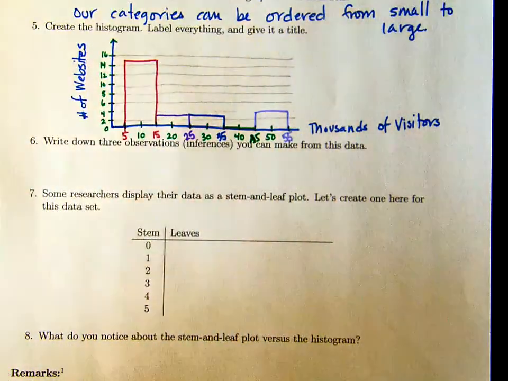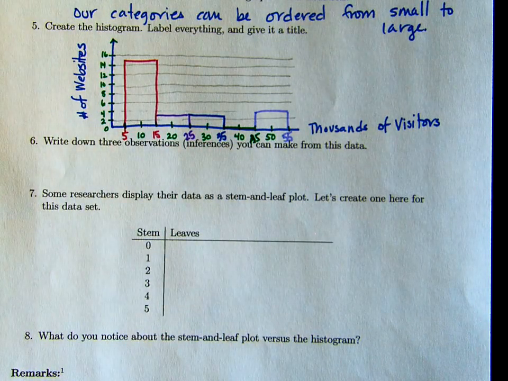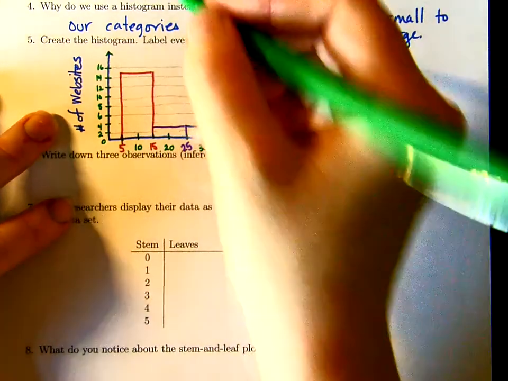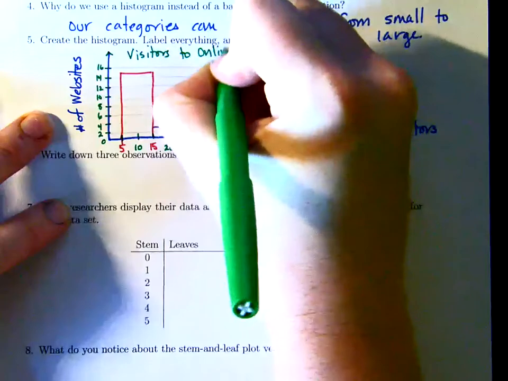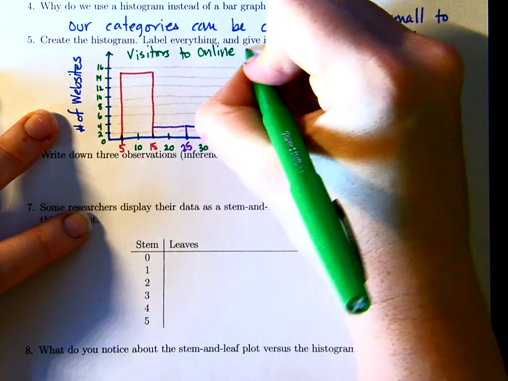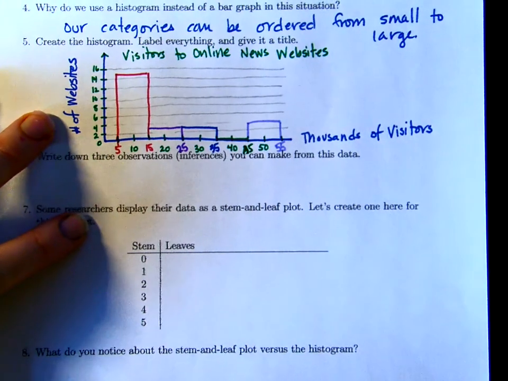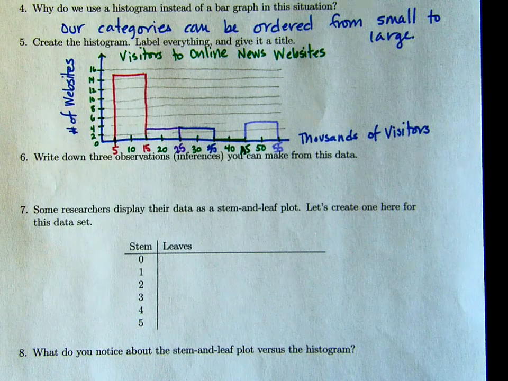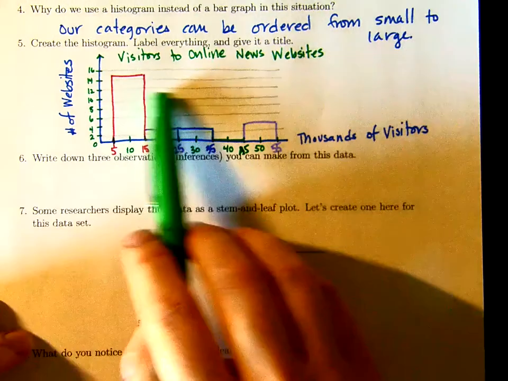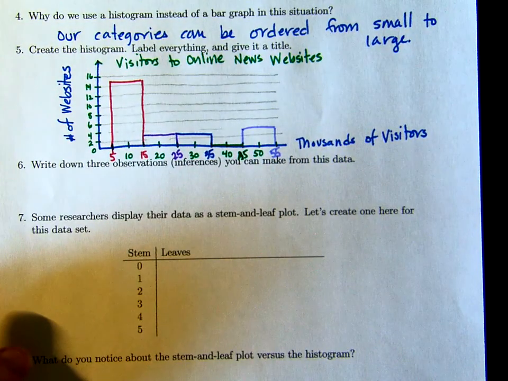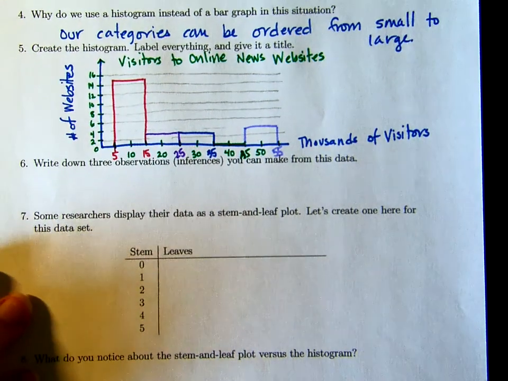And then I did want to include a title here, visitors to online websites, just so that if somebody looked at this graph, they would know. These horizontal lines can be erased at this point, but it doesn't hurt the reader to have them.